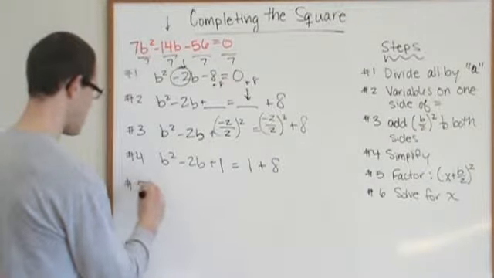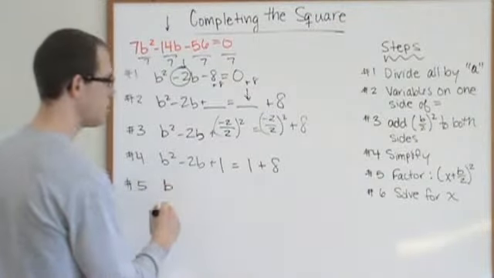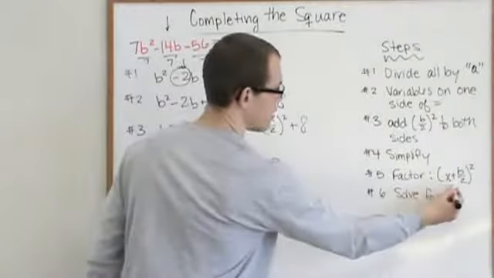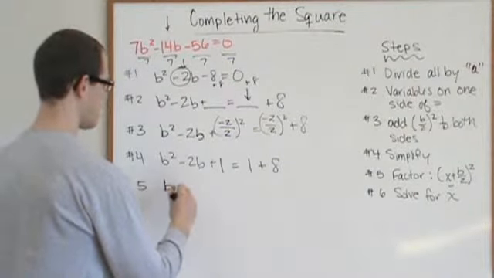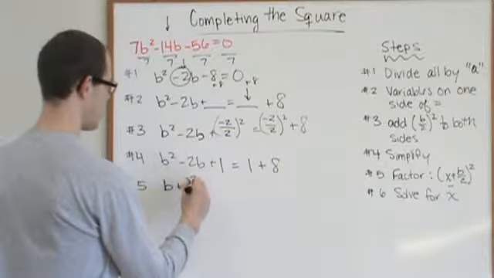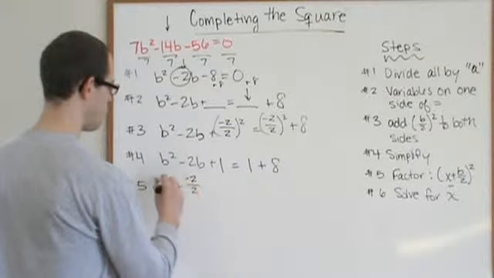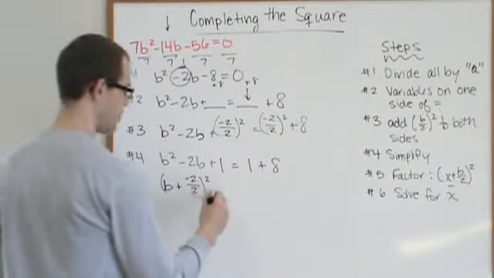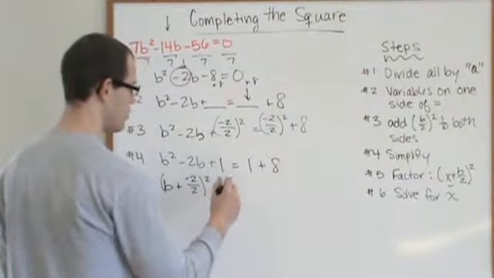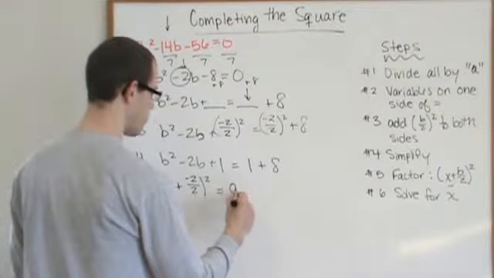So for step number 5, I'm just going to write b, which is normally my x right here. And then I'm going to write plus my b value divided by 2. Put parentheses around it and square it. That's equal to 1 plus 8, which is 9.